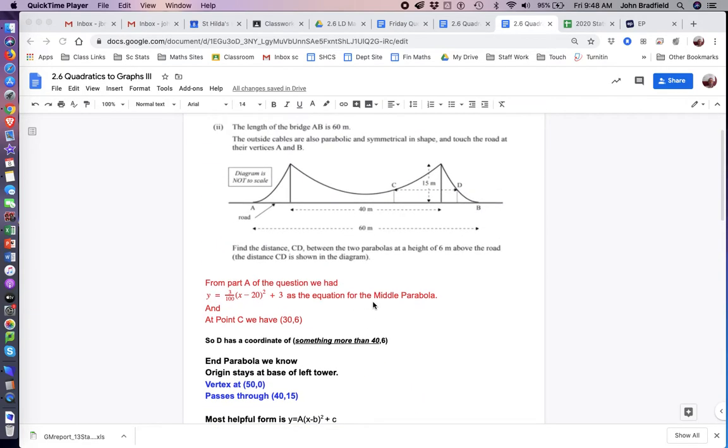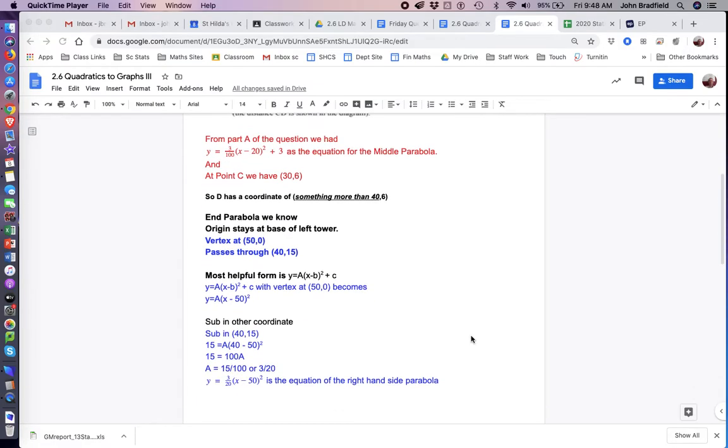Now, just before I scroll to the next page, so now we have an equation for that line as well. We already, when we started the question, had an equation for that line. We need to find that coordinate there. We need to find the x part of it because we know the y part of it. The y part is 6, and then we just need to establish the distance between the 2 points, which we can do by comparing the x values.